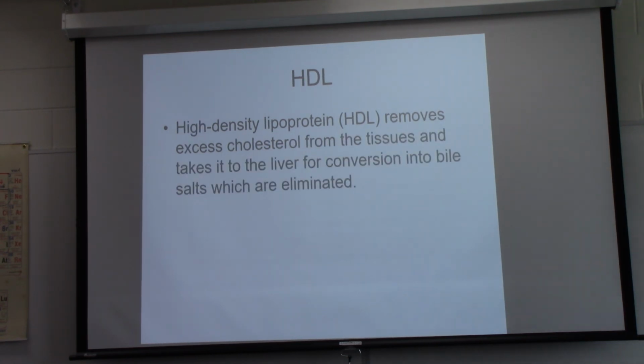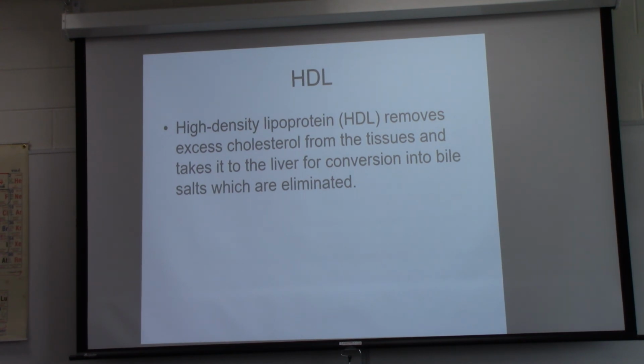The third type are called high-density lipoproteins. And what they do is that sometimes there's these lipids that get left inside the blood that maybe are not picked up efficiently and are hanging around in the blood and essentially could end up clogging up the blood.